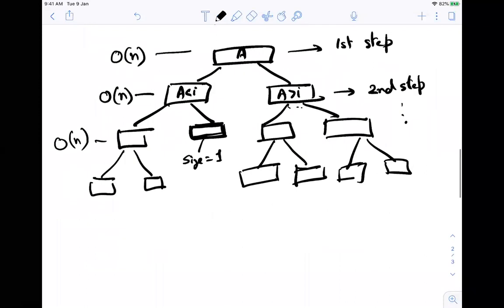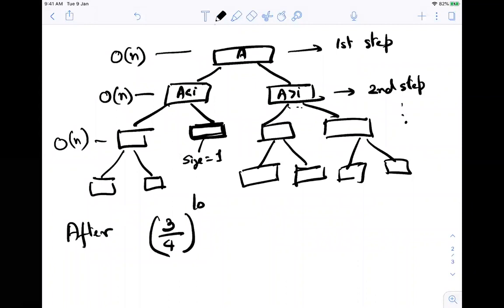So in other words, after how much time? Note here, this is 4 by 3, after log base 4 by 3 of n steps, I will not say steps, layers.